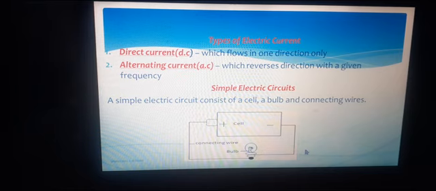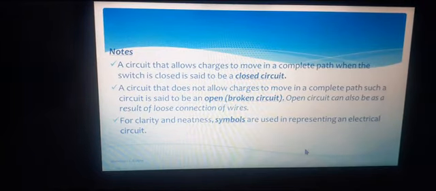Now note that a circuit that allows charge to move in a complete path when the switch is closed is said to be a closed circuit. A circuit that does not allow charges to move in a complete path is referred to as an open circuit or broken circuit. An open circuit can also be a result of loose connection of wires.